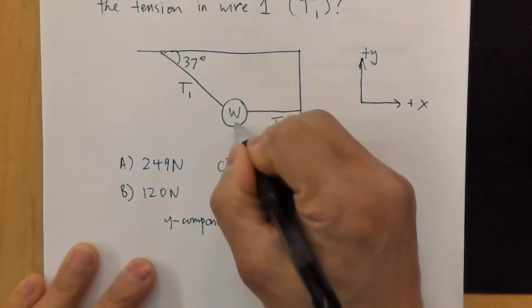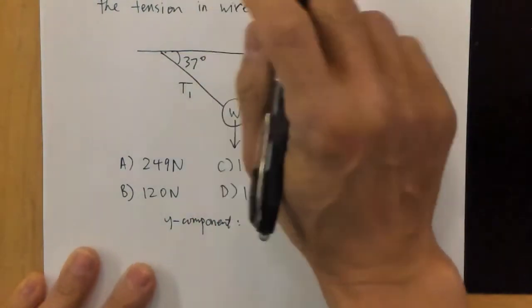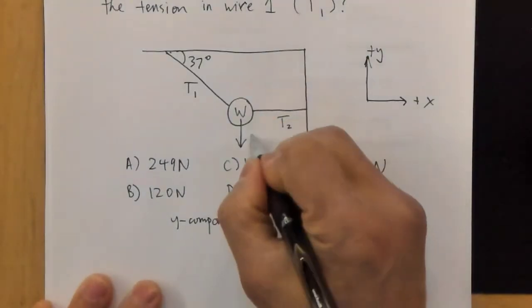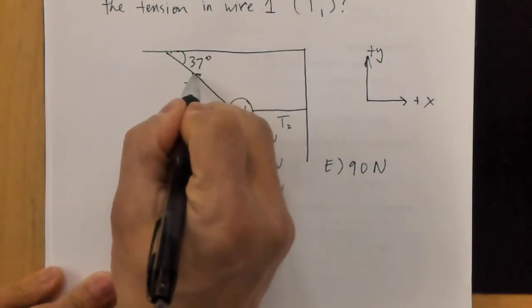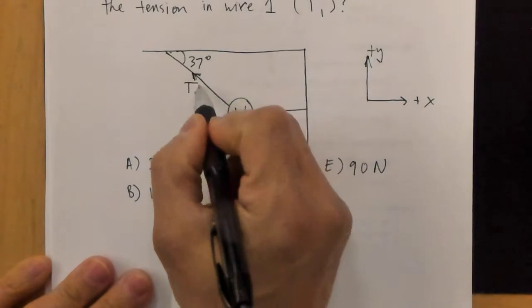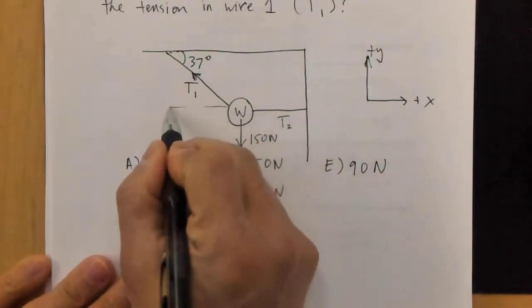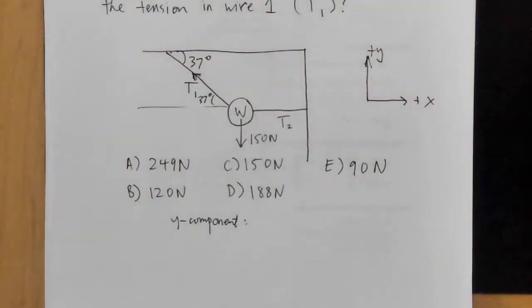Okay, so now let's consider the forces. This has a weight, W, and sorry, it was 150 newtons. And then we have the force from the tension. Remember, it pulls away from the object like that. And so we need the y component of this force. Now if I draw a horizontal line here, this is going to be 37 degrees as well.